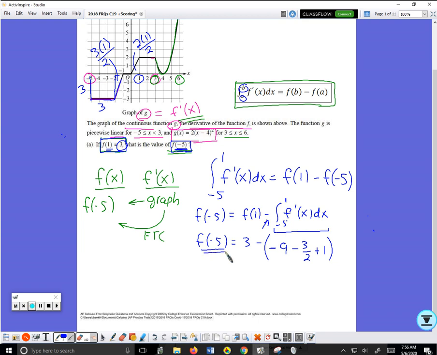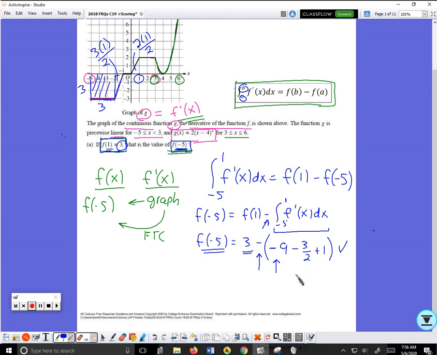I can quit. There's no need to simplify. I might double check it there. That was a bit of work. So 3 makes sense. The minus was because of the fundamental theorem. This negative was due to this area here.